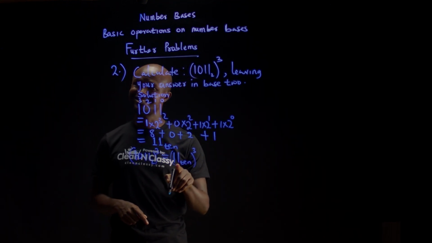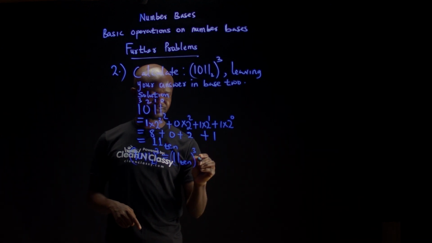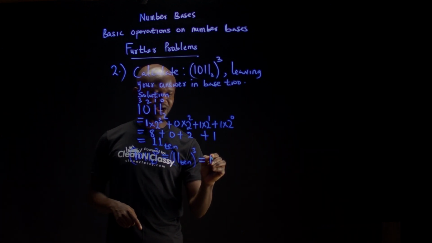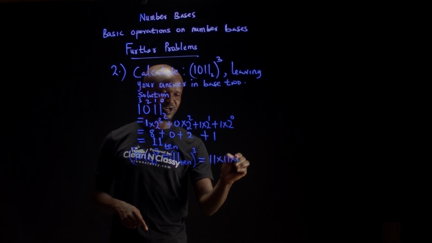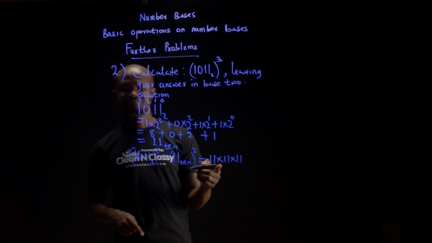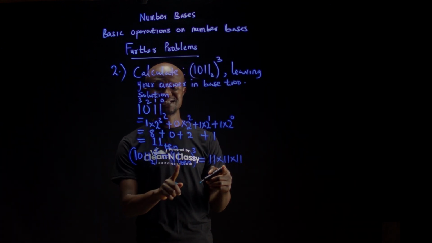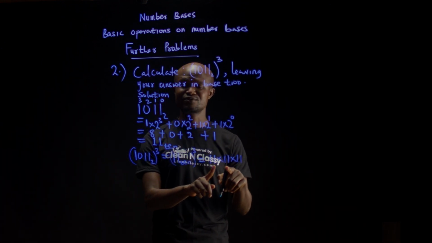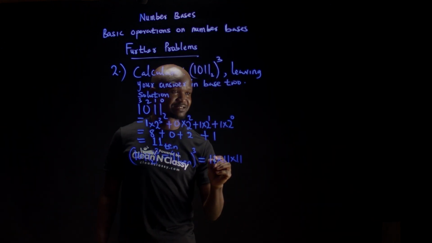This value is in base 10. So in this case, we now have 11 times 11 times 11, because this one is 11 base 10. 11 times 11 is 121.